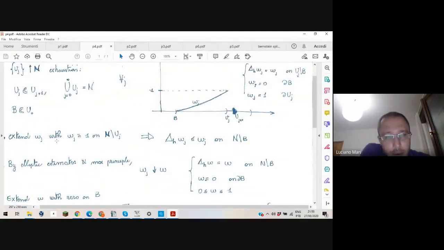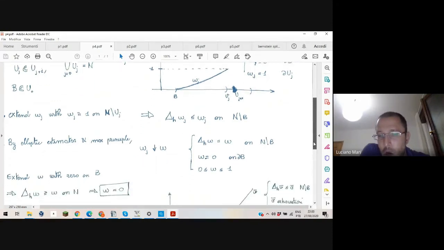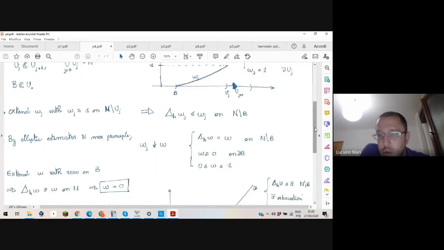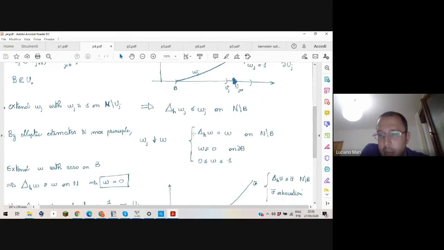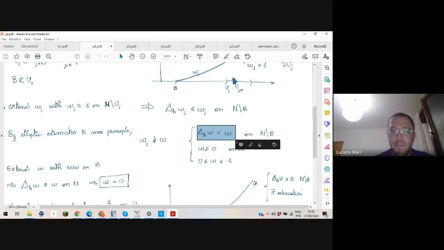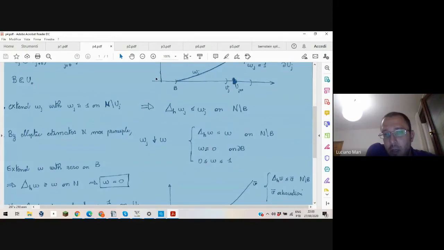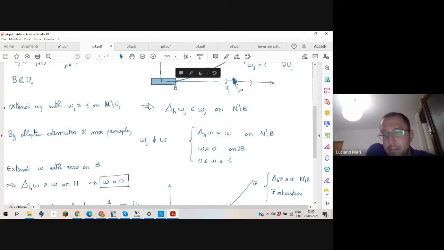So the sequence of omega_j converges from above, locally uniformly and locally in C2, to a solution of Laplace of omega equal to omega on N minus B. It's non-negative and in between 0 and 1, and it's a solution with equality. Now we extend it with 0 on the ball, on the neck.